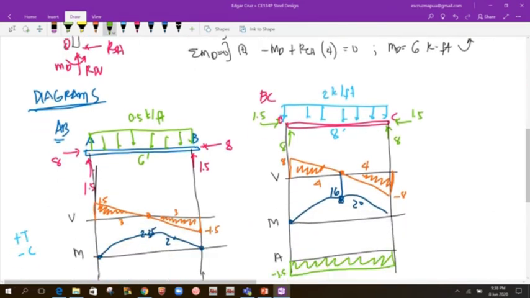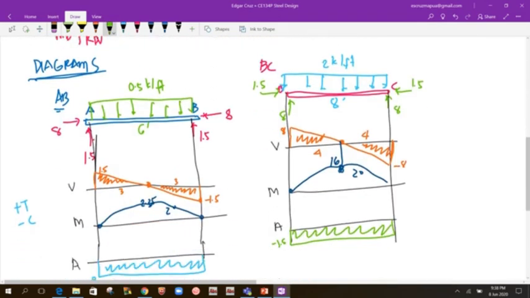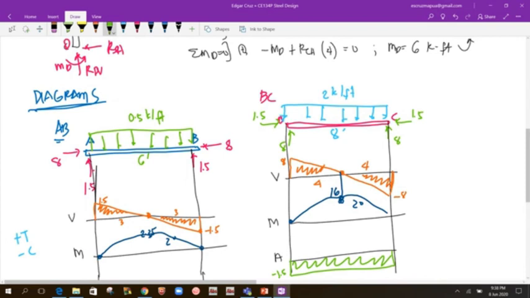Okay, then last would be for member CD. Okay, member CD. For member CD naman, the length of which is 4 feet. Okay, so let's have it here.